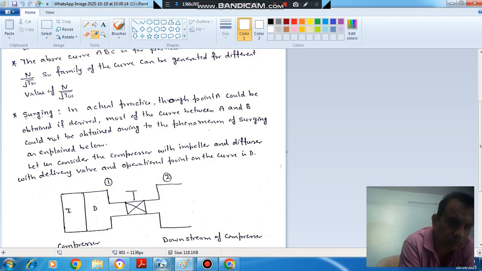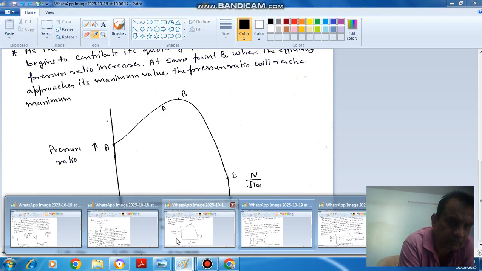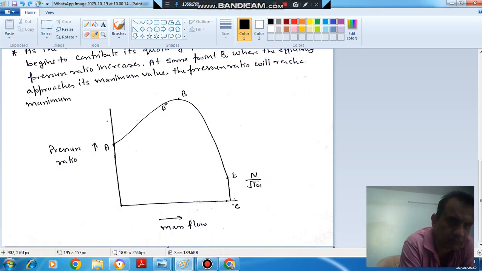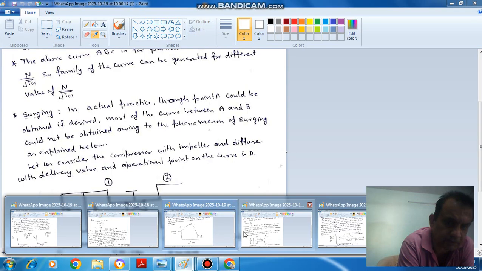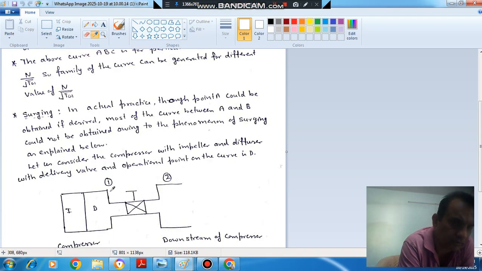Now suppose our operating point is point D. If at point D we reduce the mass flow rate, then the pressure ratio will decrease. It means the pressure at 1, the outlet of the compressor, will decrease, and this decrease in pressure will be sensed quickly as compared to the downstream.